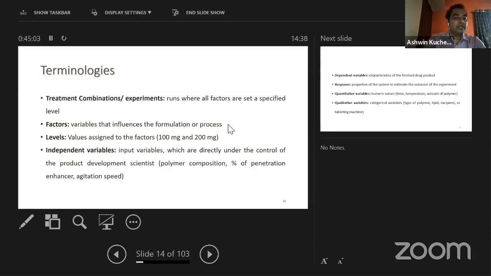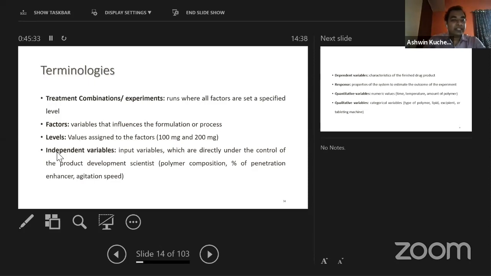They may be formulation variables or process variables, but those factors need to be assigned specific levels, specific values, and those are called levels. Sometimes those are mg values, percent values like concentration, amount, percent, or ratios. If you are using crospovidone as a disintegrant intra and extragranular, then it will be a ratio for crospovidone, in terms of 5:5 or 3:2 intra and extragranular ratio.